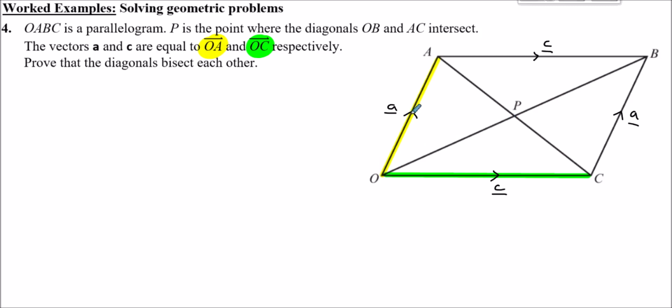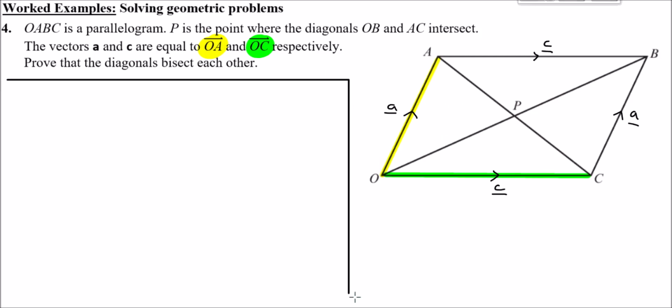One thing we could do to get from O to P, in fact I'll just divide the page so I've got enough space to work with without overlapping. From O to P, we could go up to A, so we could go from O to A. And then we can go from A to P. Now, AP is somewhere along this line AC, but we don't know whereabouts it is.